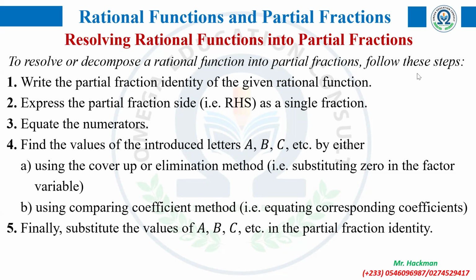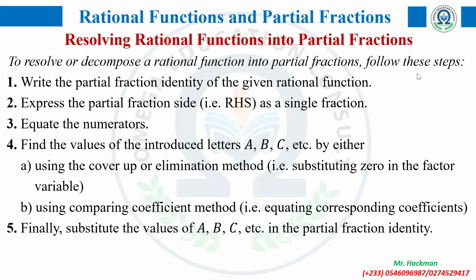Then after that, what do you do? Express the partial fraction side, which will usually be the right-hand side, as a single fraction. Whenever you write the partial fraction identity of a rational function, you are going to get at least two fractions, so more than one fraction.